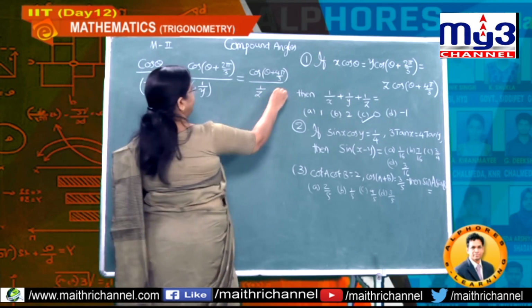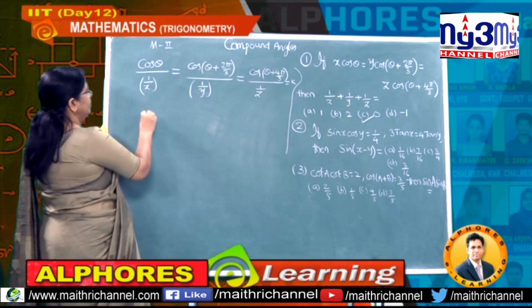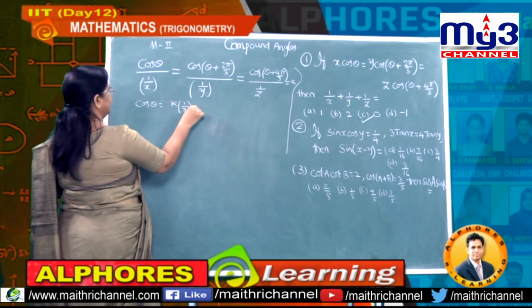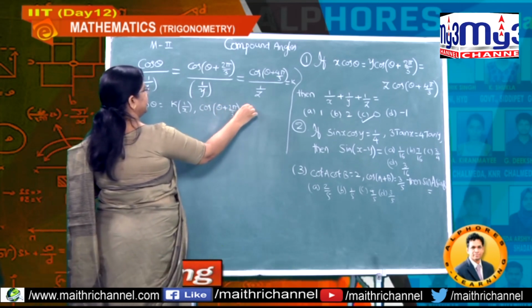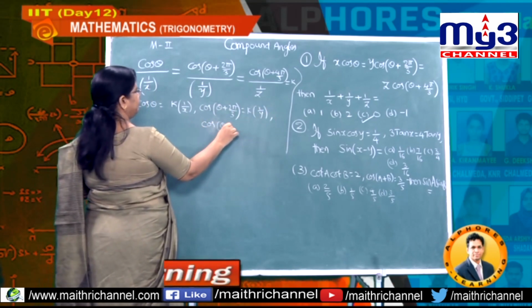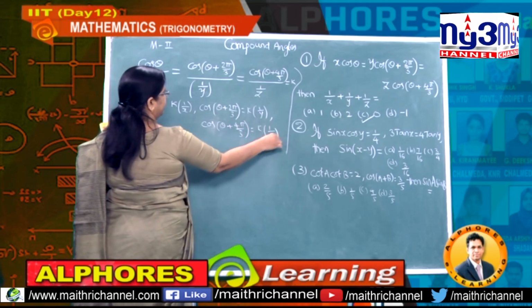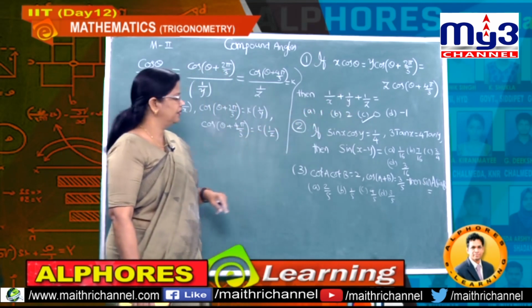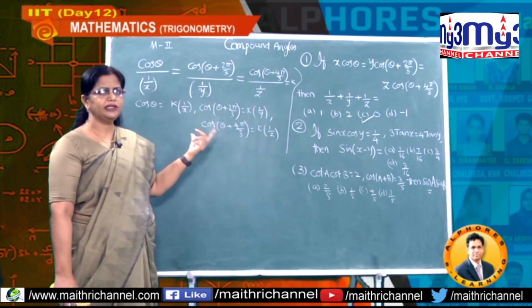Now the entire value, let us take it as k, got it. Now cross multiply, so cos theta equal to how much, students? It is k into 1 by x, and next cos of theta plus 2 pi by 3 is how much here, it is k into 1 by y, and next cos of theta plus 4 pi by 3 equal to k into 1 by z, right. Now how they asked about the result, they added these three values. So let us add these three values where you can take k value as common.